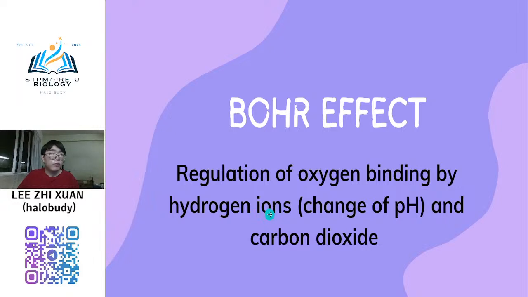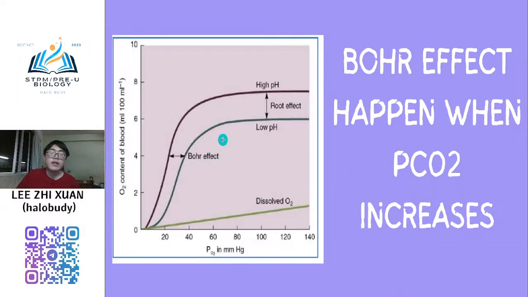When your blood accumulates a lot of hydrogen ion, your pH value will decrease, because there is more hydrogen ion, since the carbon dioxide is too high. So it will cause the Bohr effect.